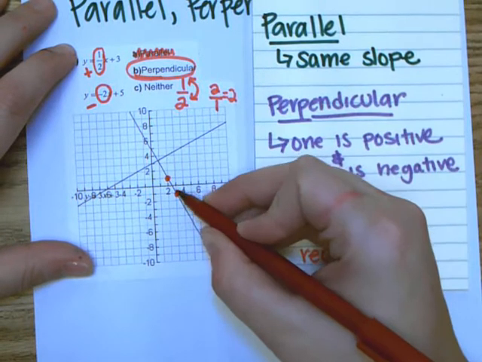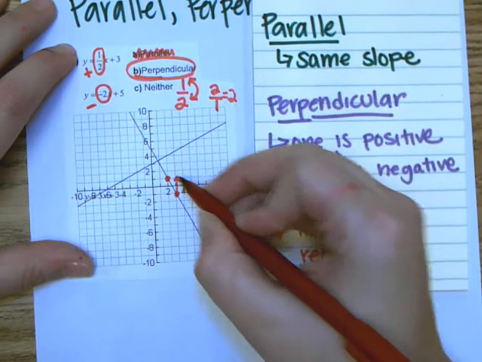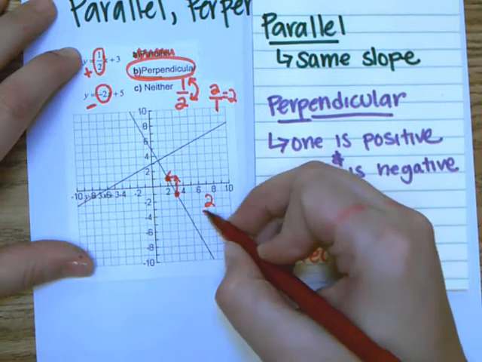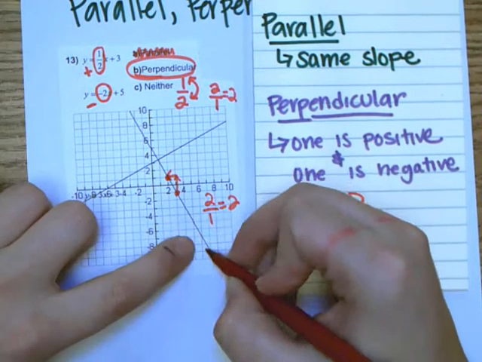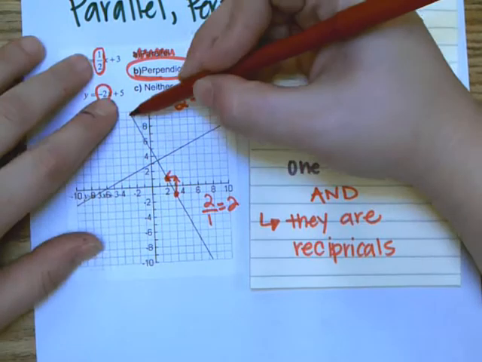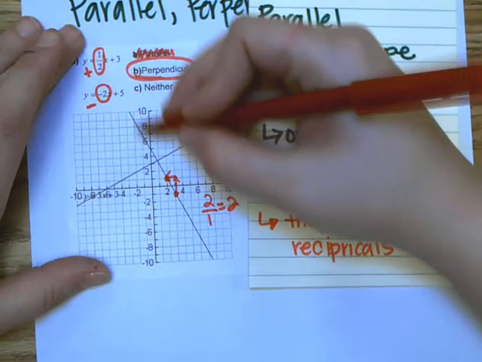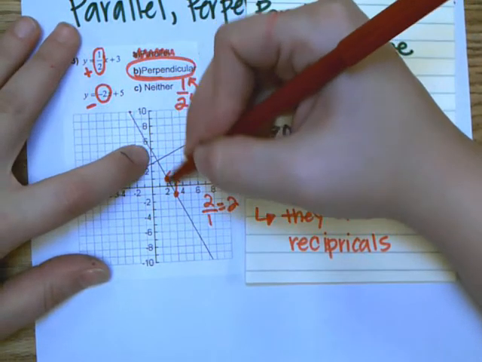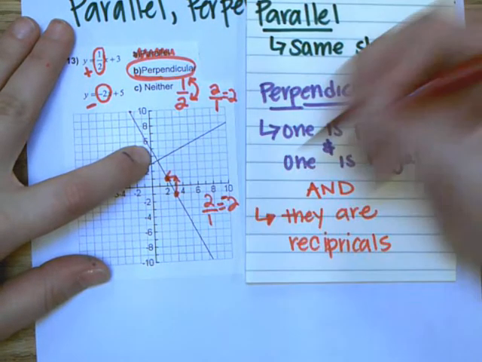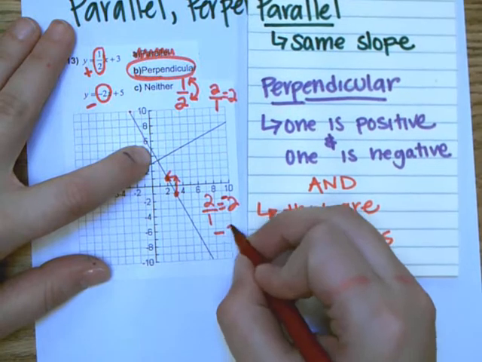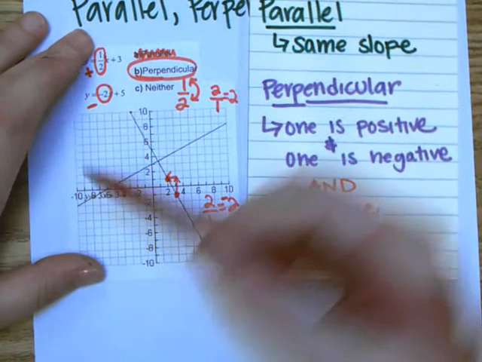So notice the slope here, if I pick 2 points, if I rise 2, and I go to the right 1, this line has the slope of 2. So that means from left to right, it's going down. So this has a slope of -2.